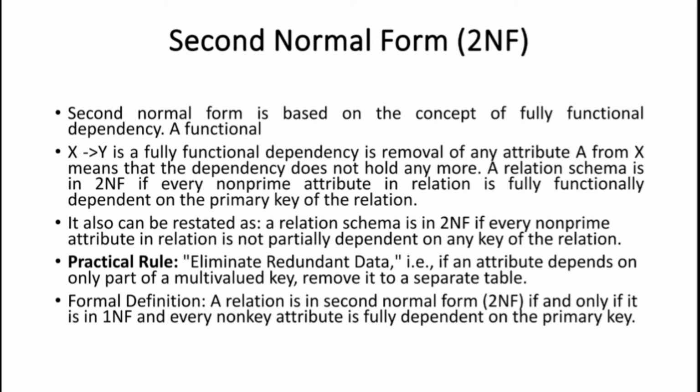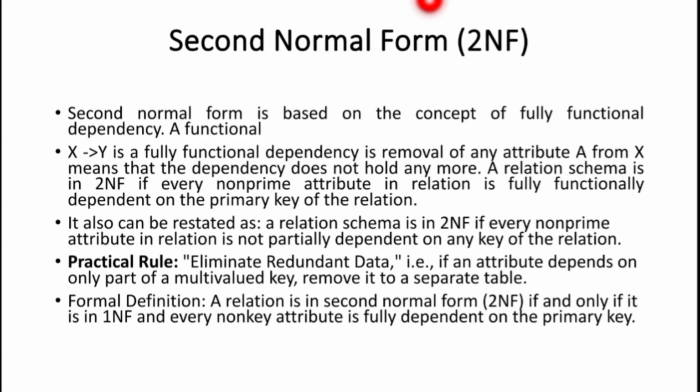According to this definition, X tends to Y is a fully functional dependency if removal of any attribute A from X means that the dependency does not hold anymore. Don't get confused, I am going to explain with an example.